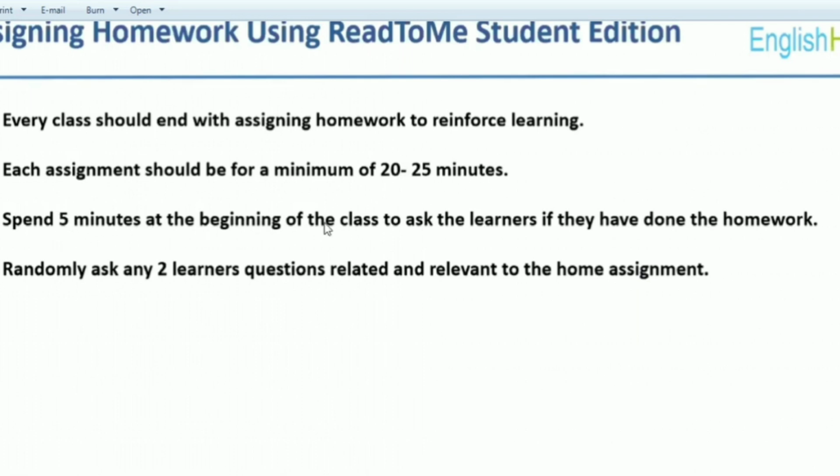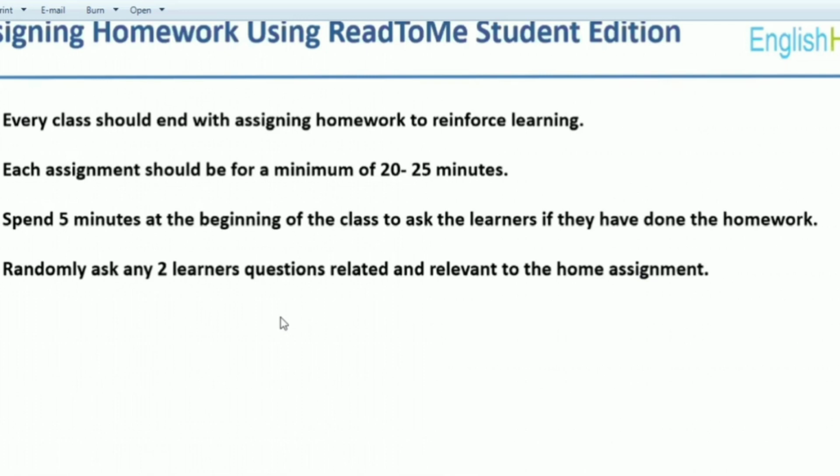Spend 5 minutes at the beginning of the class to ask the learners if they have done the homework. The next day, when you start the class, allocate 5 minutes to ask them about the homework. You can't ask all the students, but you have to randomly ask any two learners questions relevant to the home assignment, so that all the students do the homework, because they will be apprehensive that the next day the teacher will ask them questions.